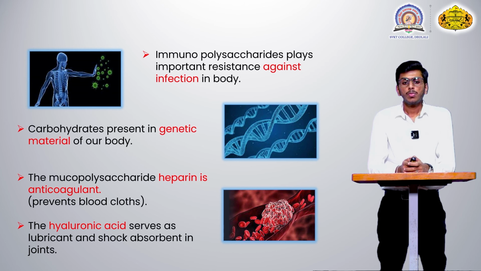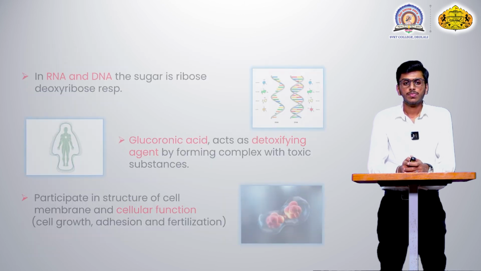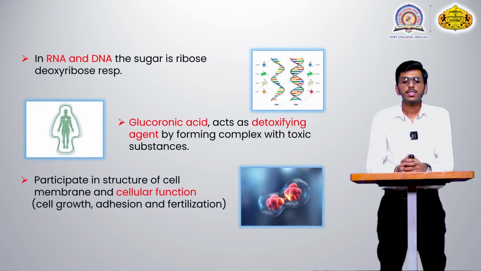The mucopolysaccharide heparin is an anticoagulant, meaning it prevents blood clots in our body. The carbohydrate hyaluronic acid serves as a lubricant and shock absorbent in our body joints. The carbohydrates are also present in RNA and DNA.